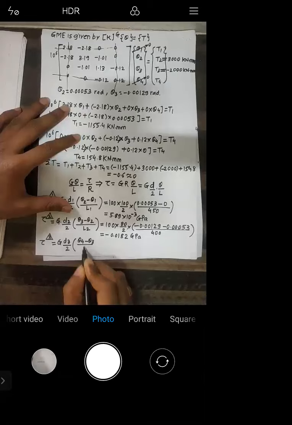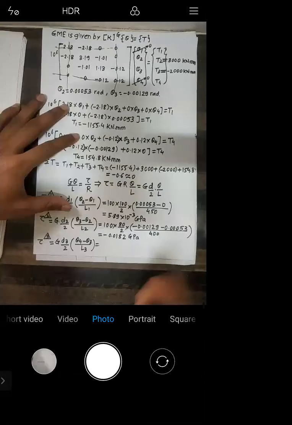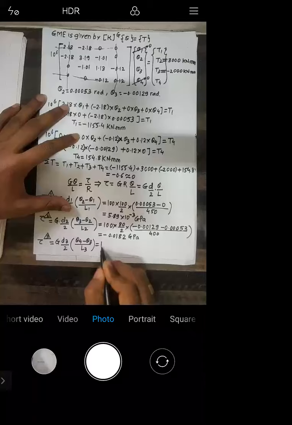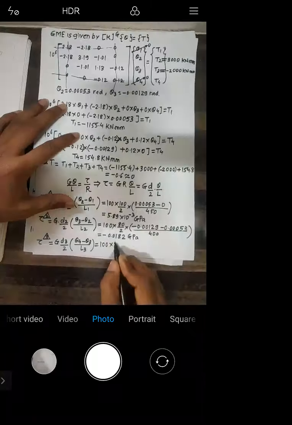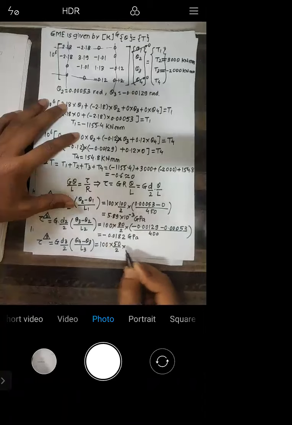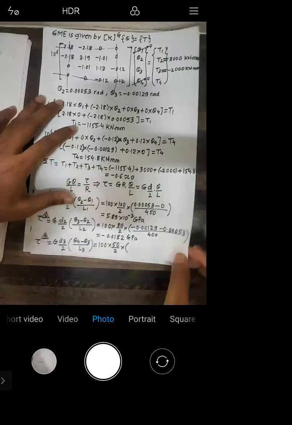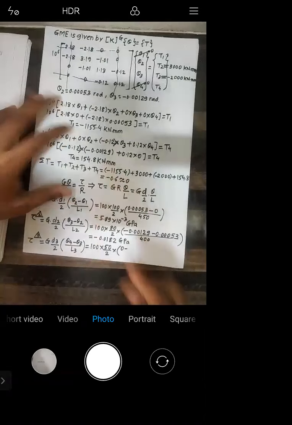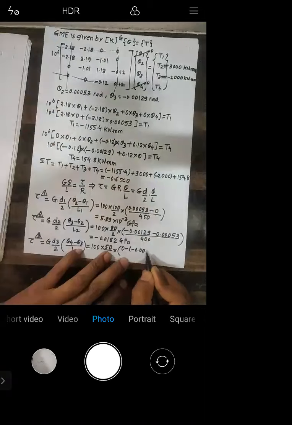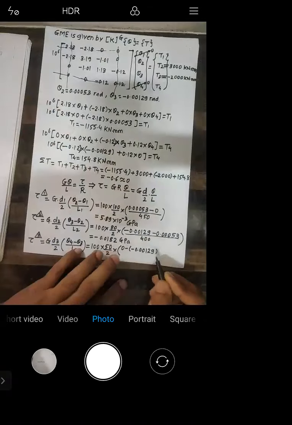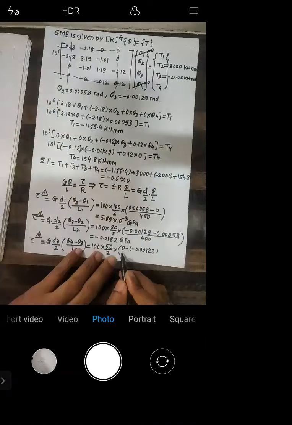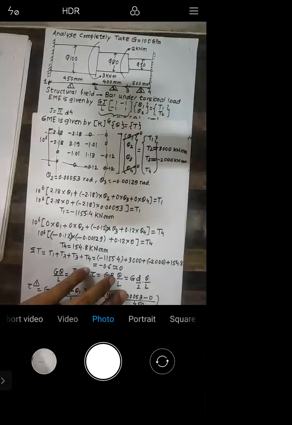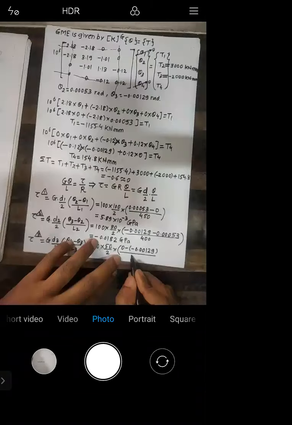G is 100, the diameter of the third element is 50, by 2 into the value of theta 4, which is 0, and theta 3, which is minus 0.00129, upon its length, 500.